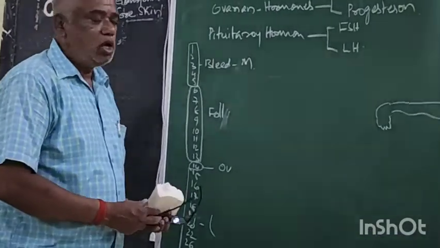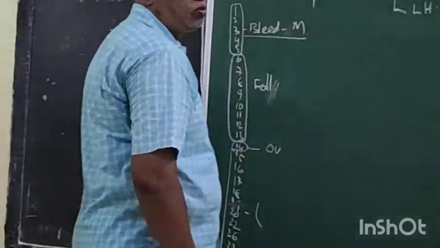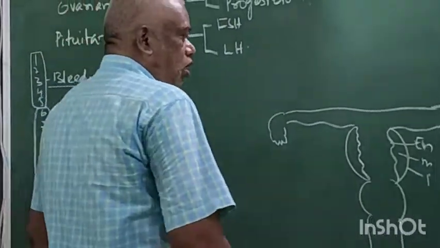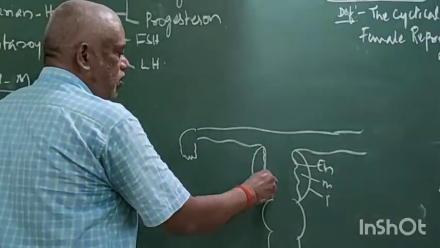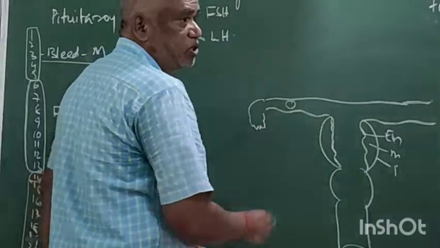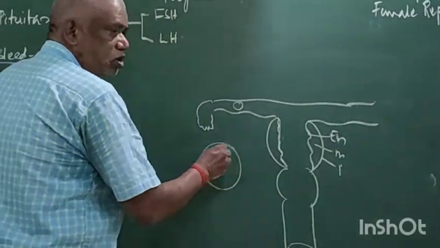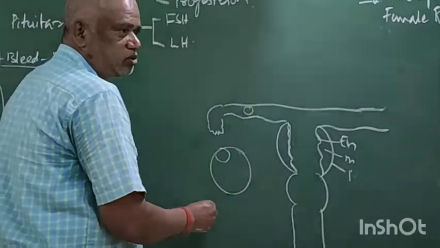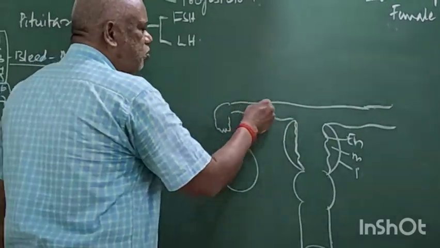Now come to this. What is the bleeding phase? Right. Good. What is this, the endometrium? Now the egg is passing through the fallopian tube. Now it is the ovary. Right. Ovulation occurs. Everything occurs. The egg is passing.